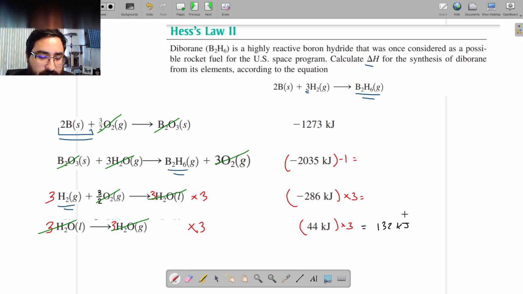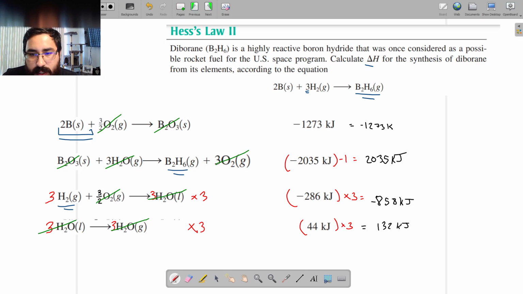Negative 286 times 3, that's 858. Negative, don't forget your negative, Mr. Sanchez. And then this one I can do in my head. But I'm using my calculator anyways because I'm not sure of myself. All right. And then over here we have a negative 1,273 kilojoules.